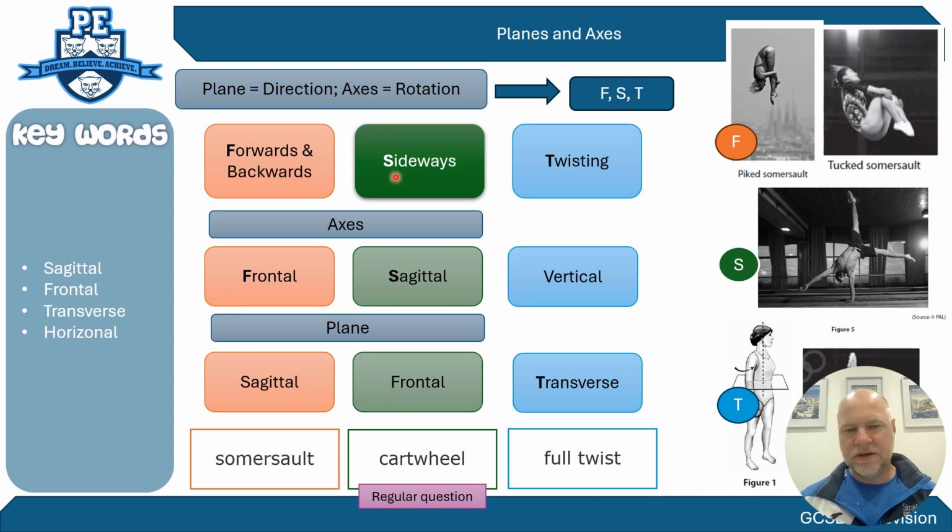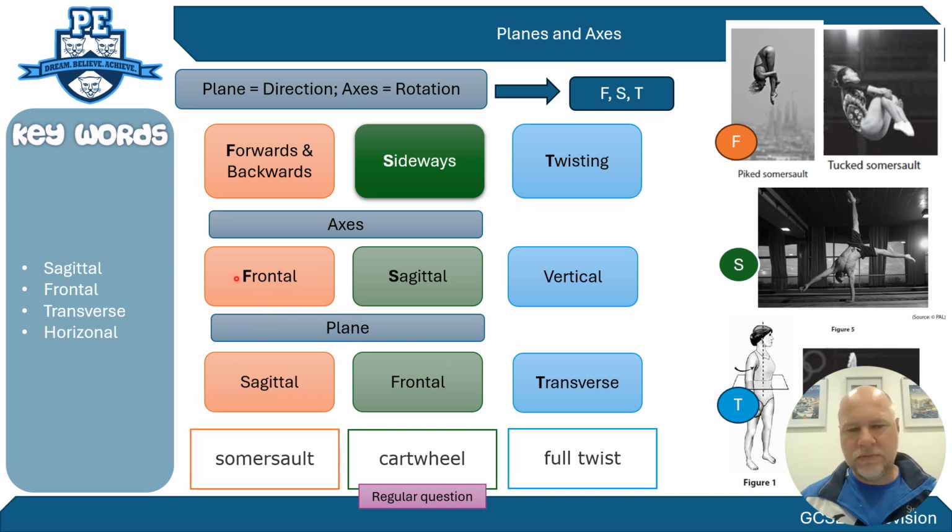If it is a sideways movement, it is a sagittal axis, so the point of rotation is in the belly button there, and they are moving side to side, sideways. If you imagine going down a corridor sideways.